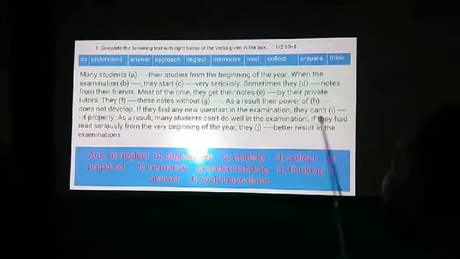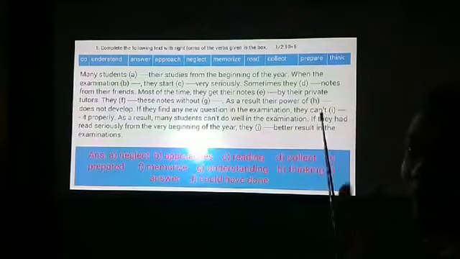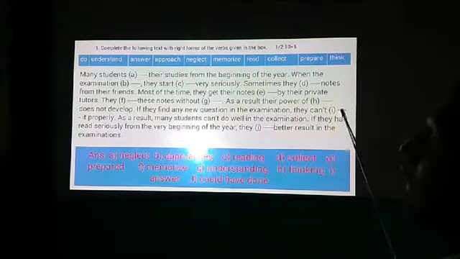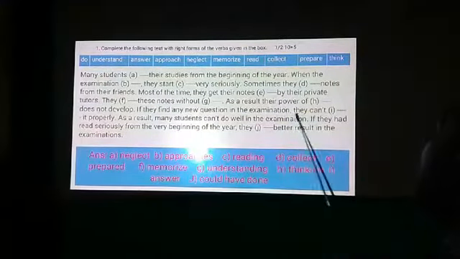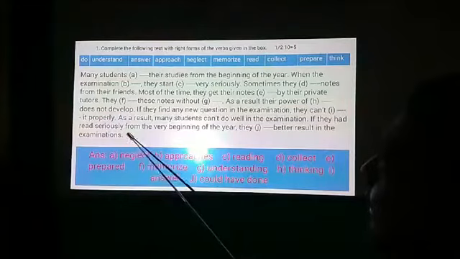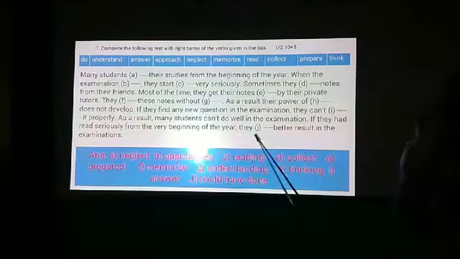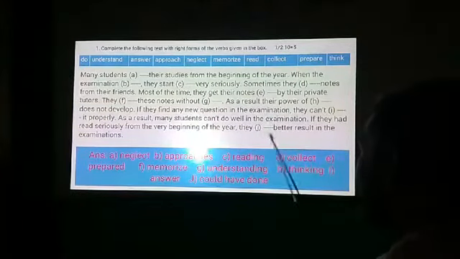Here there is a tense, so dear students, you know, the verb should be finite. As a result, many students can do well in the examination if they had read seriously from the very beginning of the year. It has a subject, so the verb should be in finite form.